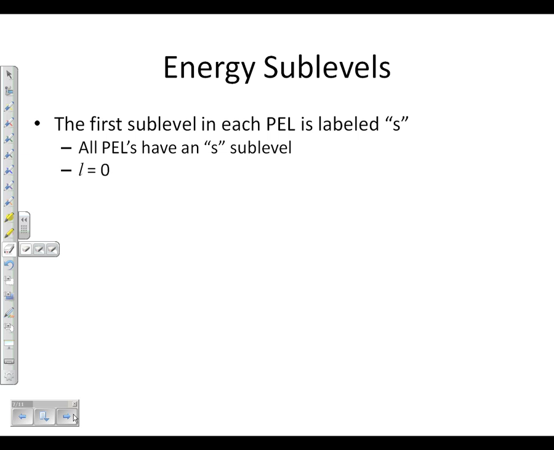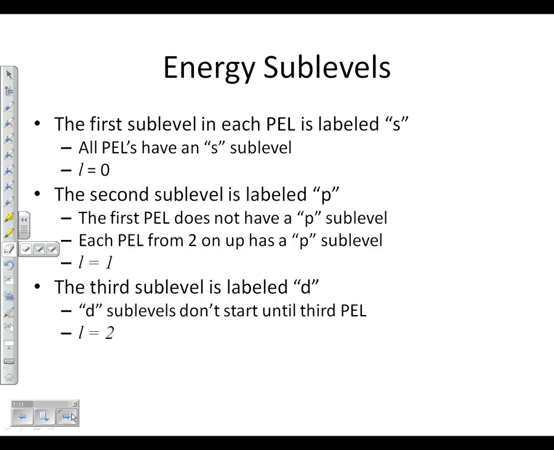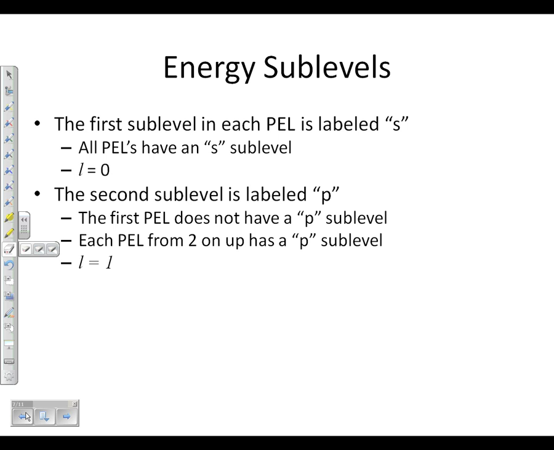I didn't draw a red figure 8, right? Because the p orbitals, come on, too many touches, let's go back one. We don't start getting p orbitals until you start getting to the second energy level.